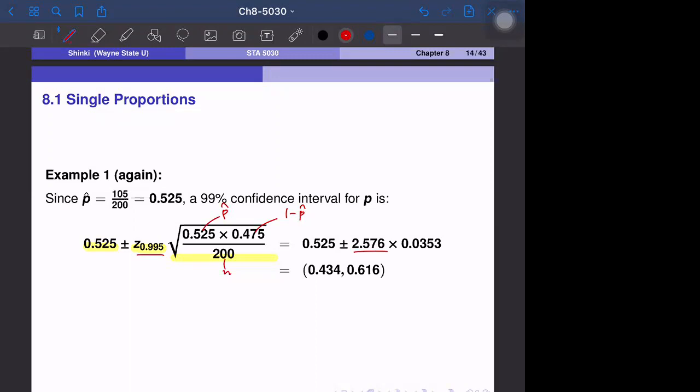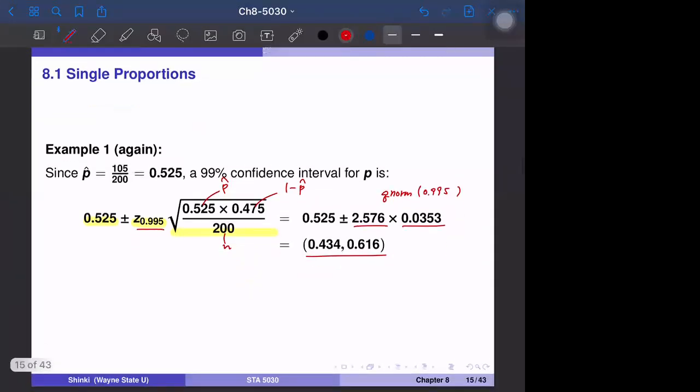If you use R, you can use the qnorm function at 99.5% to get this. Then we can calculate the square root part, and we get 0.434 to 0.616. It's a little wider than the one reported previously, but this is because of the continuity correction, so it's just approximation error.